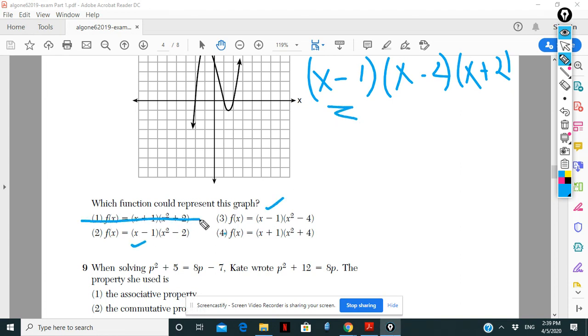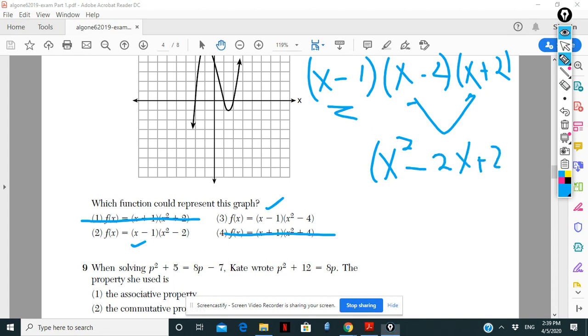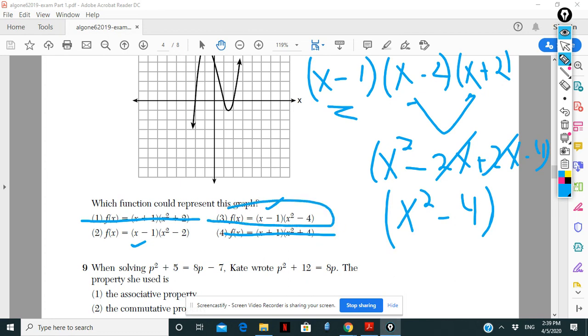So I cross out these two. So now I'm looking for the product for these two, which is going to be x squared minus 2x plus 2x minus 4. That's cross out. It's going to be x to the power 4 minus x to the power 2 minus 4, which is going to be 3.